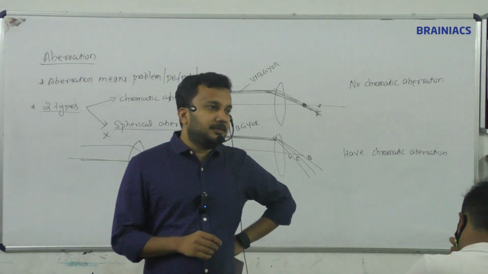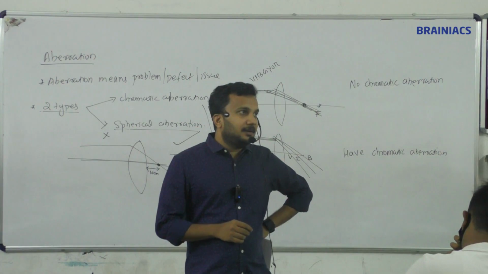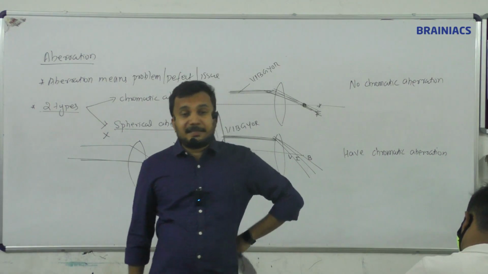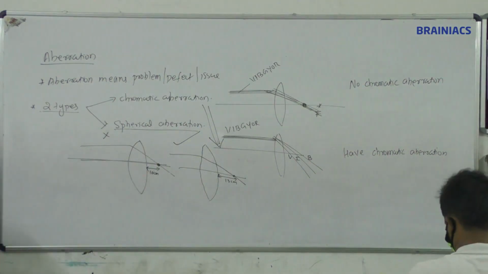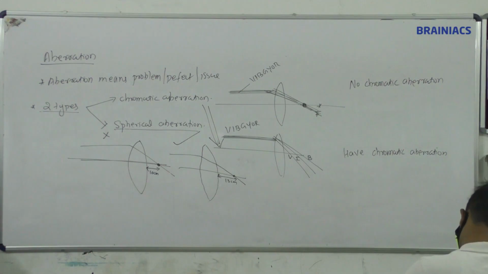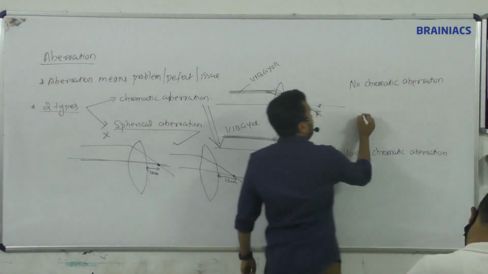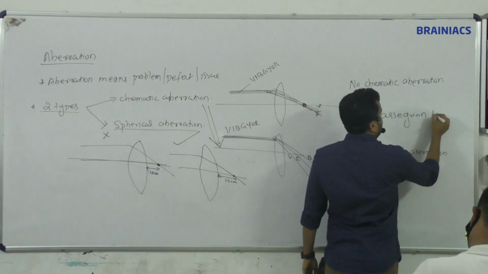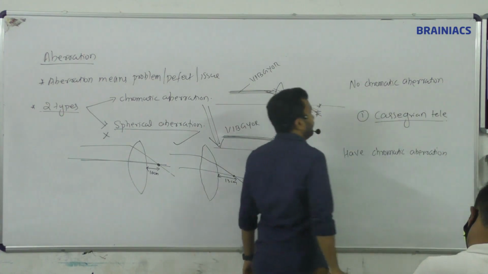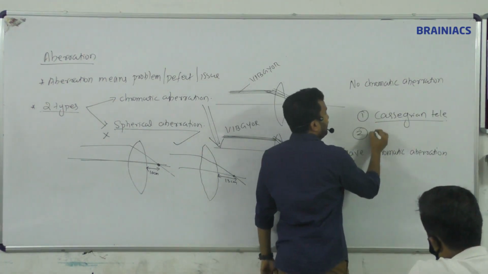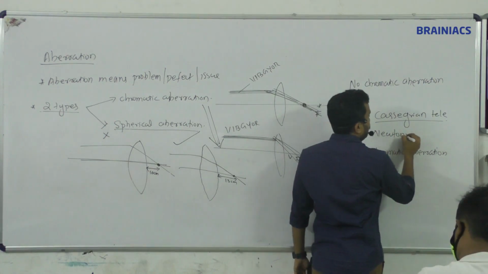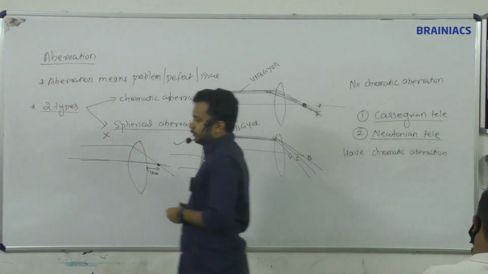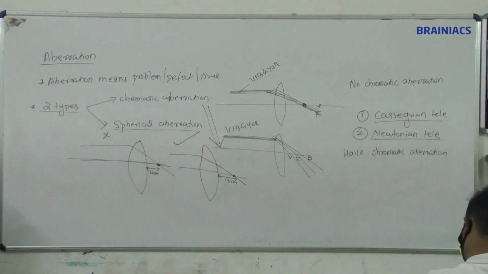Number one, Cassegrain telescope. Second one is Newtonian telescope. This is theory, there is no formula, nothing. Cassegrain telescope and Newtonian telescope.